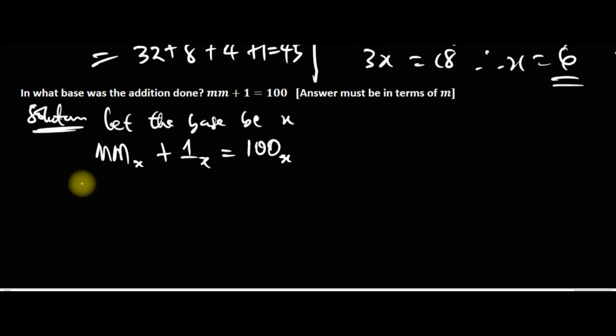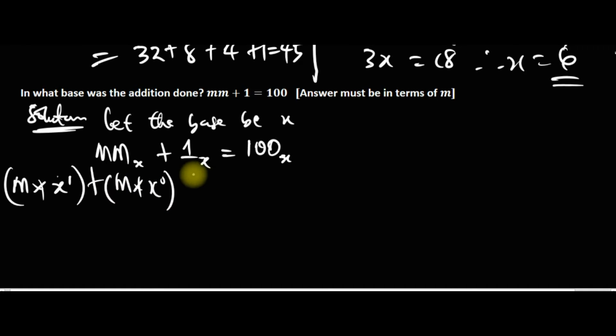So we have m times x raised to power 1 plus m times x raised to power 0 plus 1 times x raised to power 0. There is no need of writing the zero terms, because 0 times anything is 0.